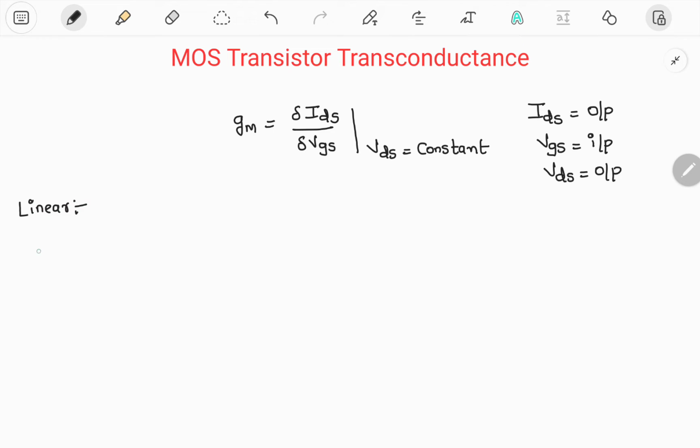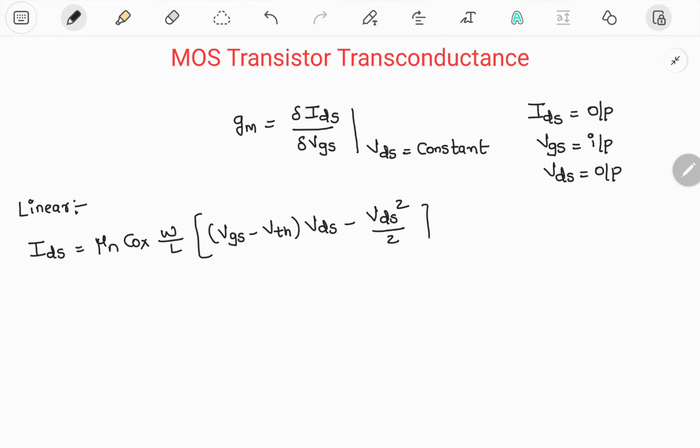the expression which we got for Ids is mu n C ox W by L into Vgs minus Vth into Vds minus Vds square by 2. This is the equation for current which we got. Now simply differentiate with respect to Vgs so that we can derive the expression for transconductance Gm.